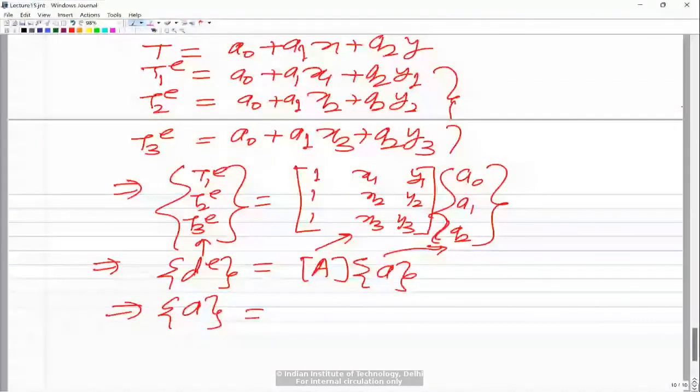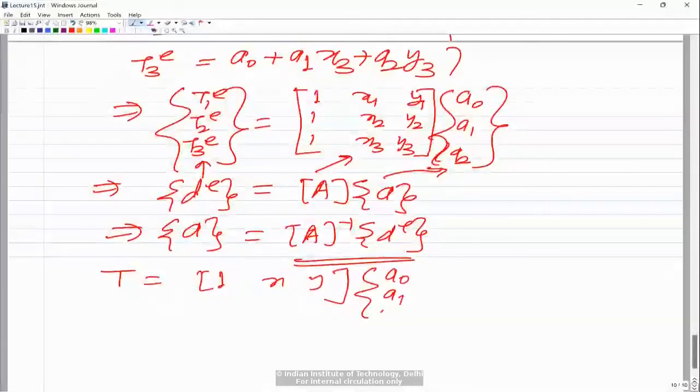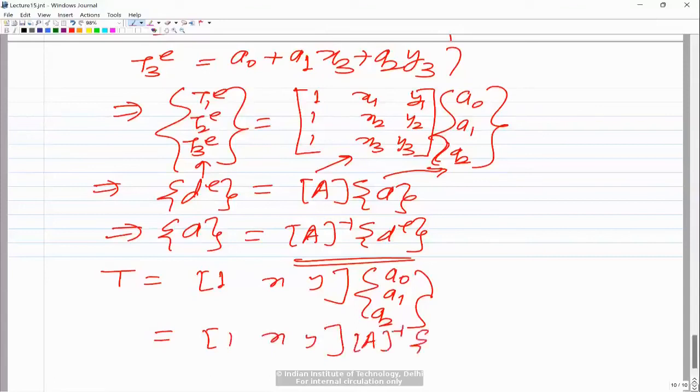So we can write that as a equals A inverse into d^e. Unknown constants a0, a1, and a2 are expressed in terms of d through this relationship, and then we substitute this in the approximate solution. The approximate solution can also be written as 1, x, y, and then these unknown constants on the right-hand side, a0, a1, and a2. So I can write this as 1, x, y times a, where small a is equal to capital A inverse into d^e.